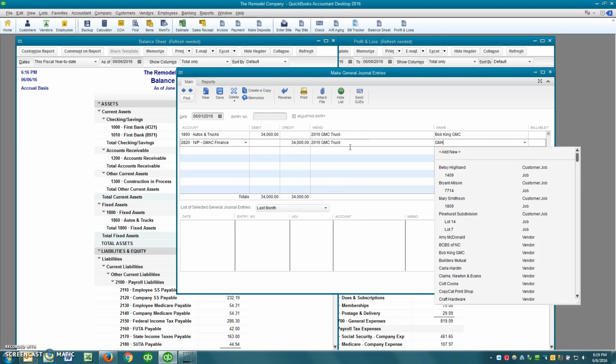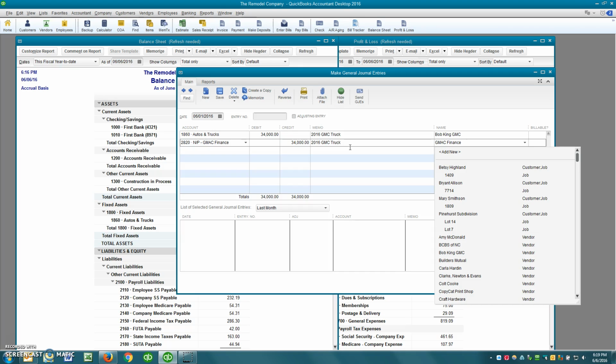And here we will say GMAC Finance, because that is now the vendor to which we will make payments on a regular basis. So understand, Bob King GMC, that's who we bought the truck from. That's who we gave the $1,000 down payment to.